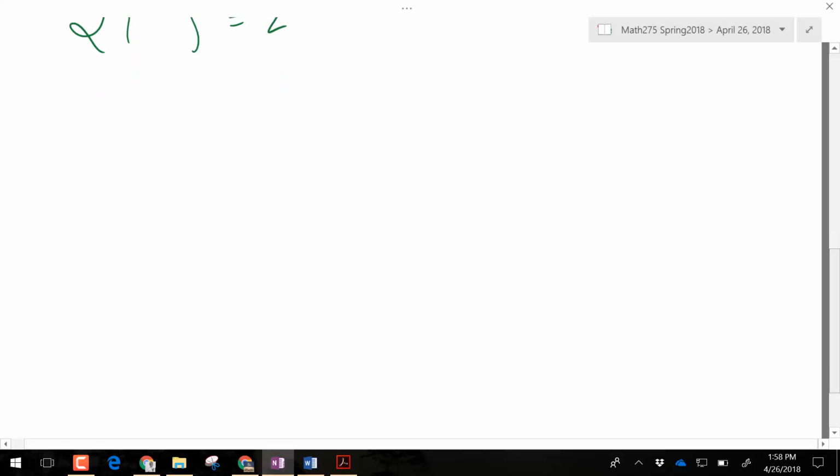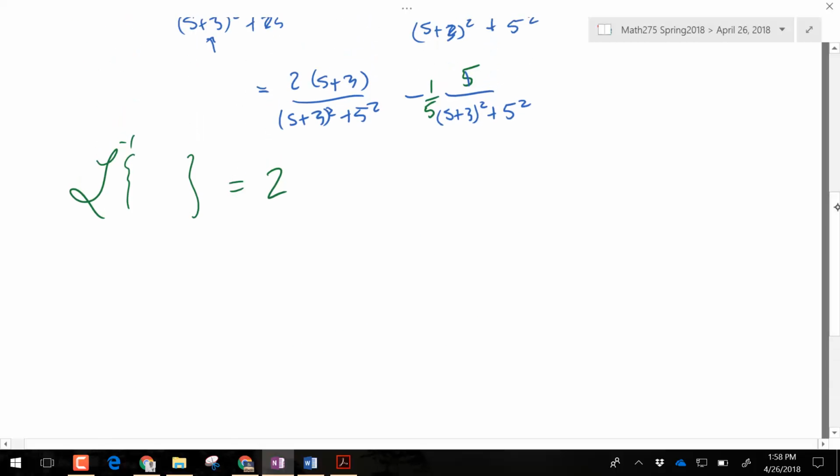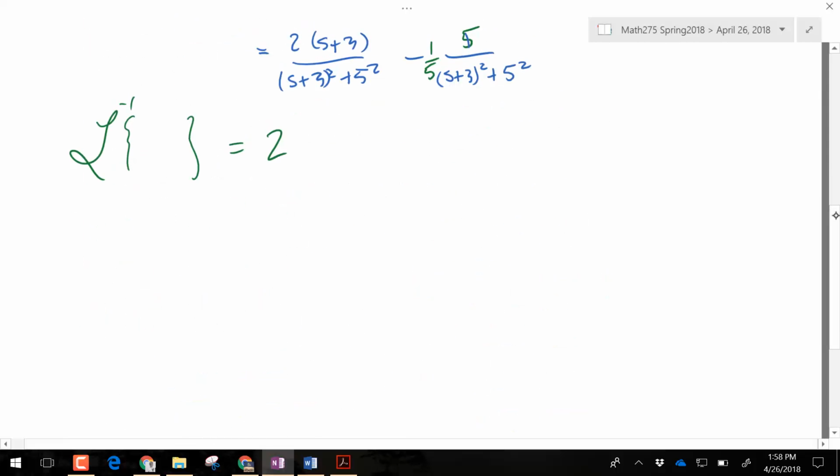So if I want to write that down according to the formula, I have a 2 that's sitting out there, and I want the inverse Laplace transform of s over s squared plus 5 squared. And then here my s got shifted by 3, or if I want to be really formal about this, got shifted by -3.